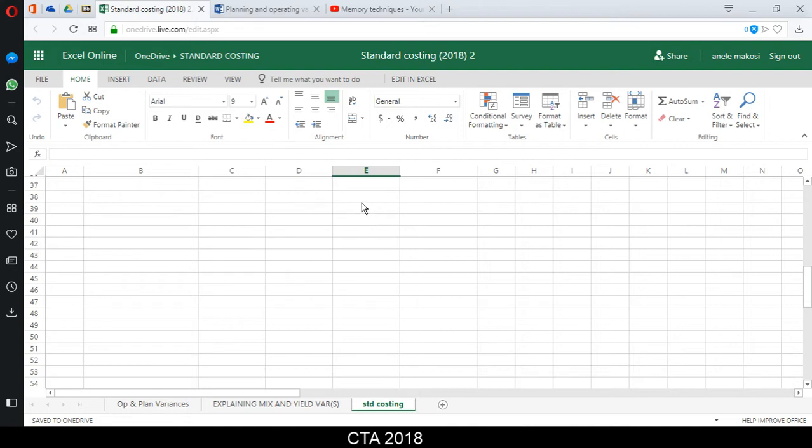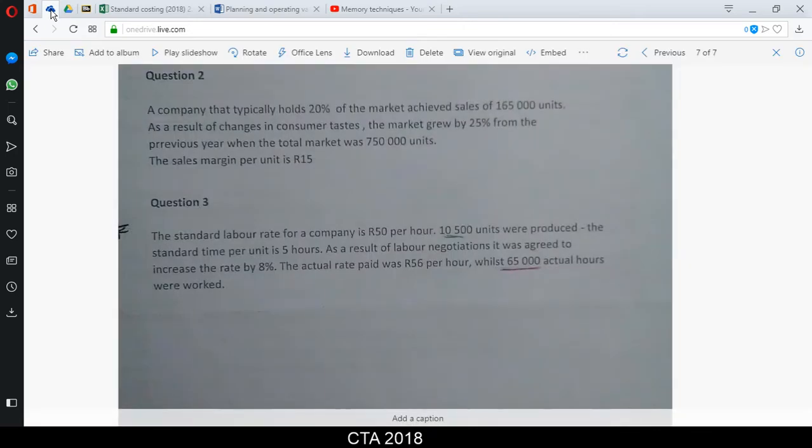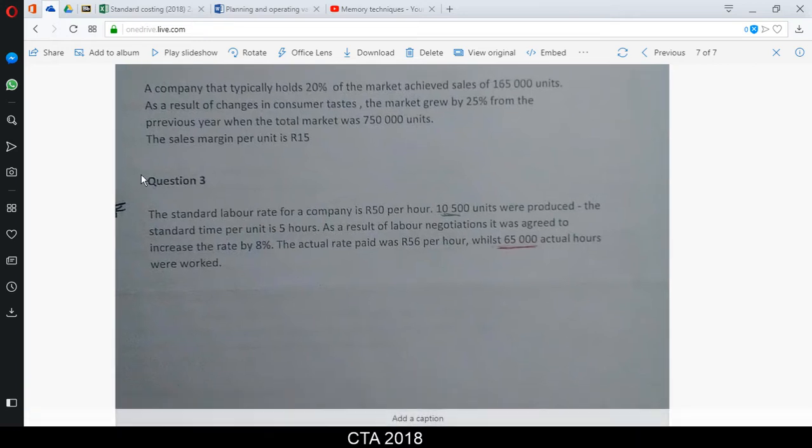Now, I have this example. We're going to look at question 3. The standard labor rate for a company is 50 per hour.